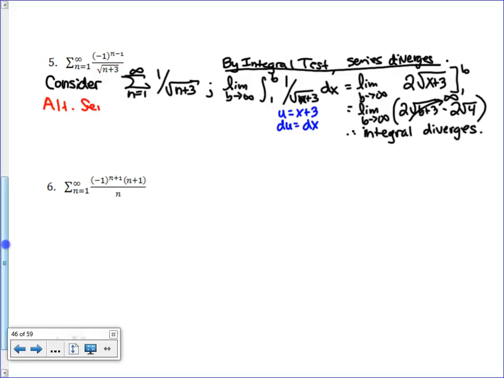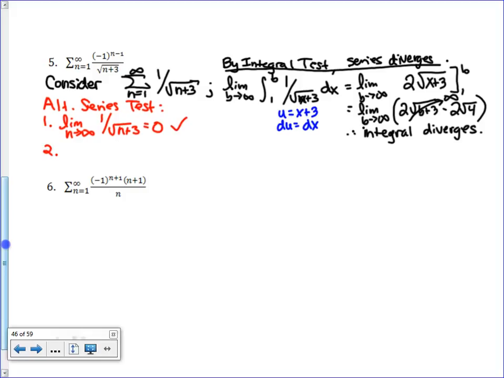So you guys who did this one first, that's okay. Because for the alternating series test, you would have first checked that the limit as n goes to infinity of a sub n does equal 0. Check.